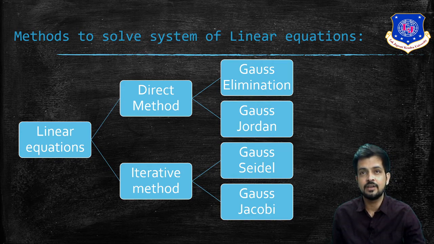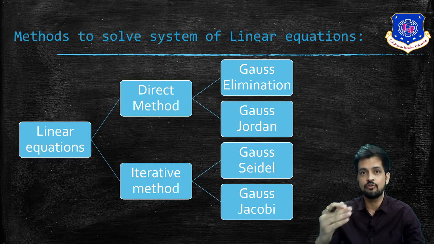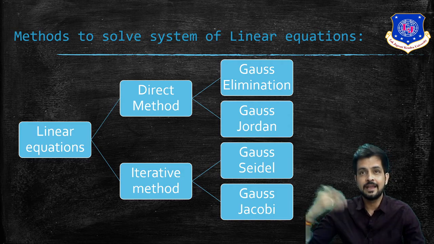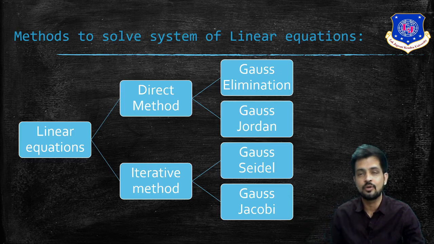In direct method we are not assuming any initial value, and we are following a sequence of steps. For example, in the Gauss elimination method we have to follow a sequence of steps, and we are not doing it repeatedly. Like in iterative, the same step is done again and again. Iterative means we are doing the same thing again and again to find the approximate root.